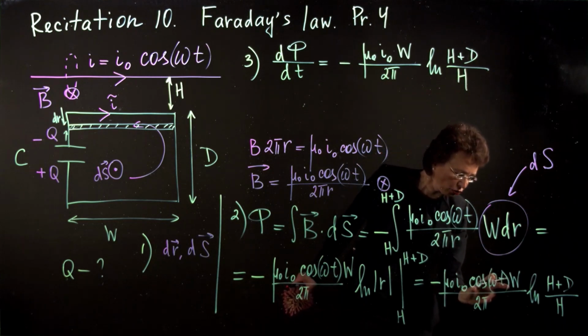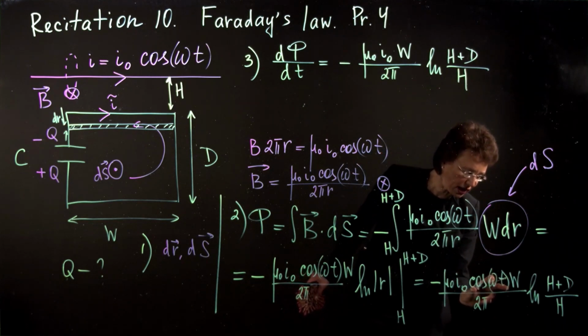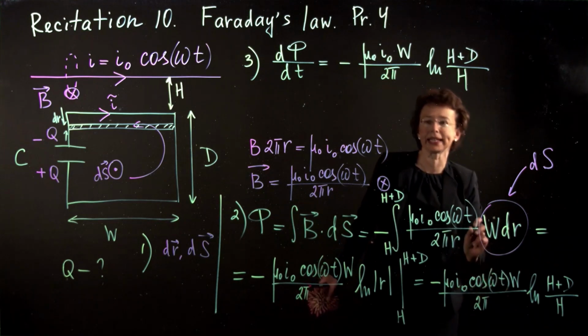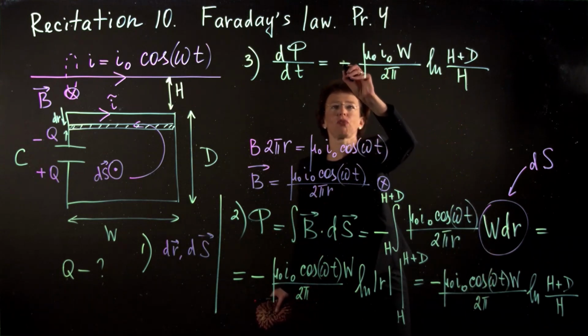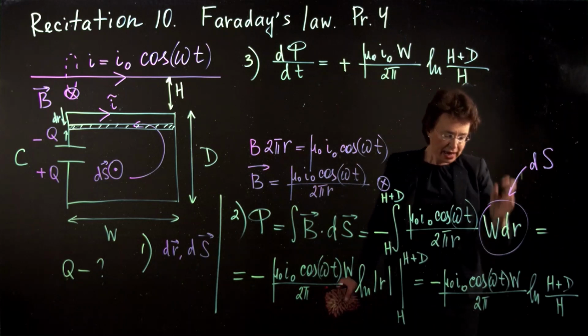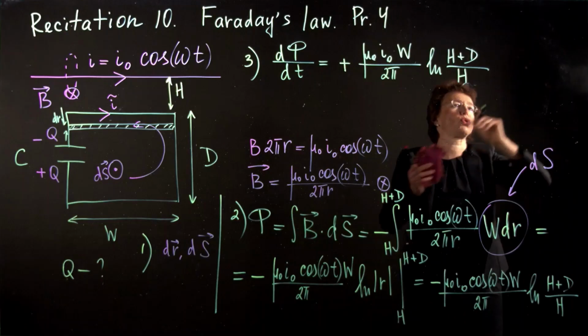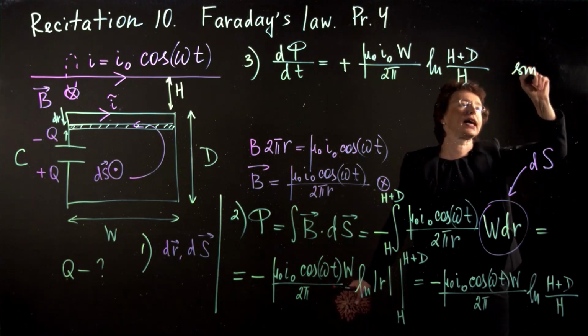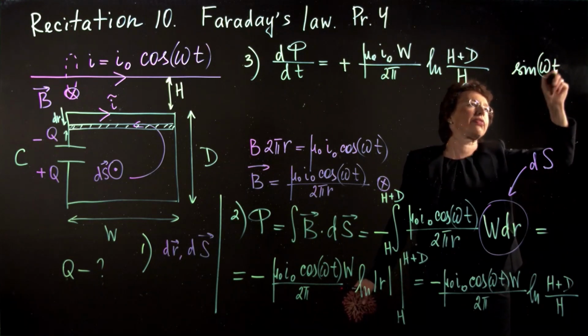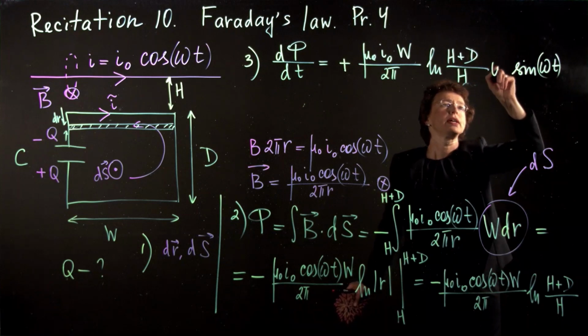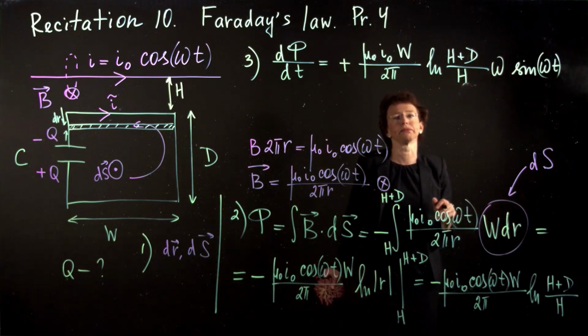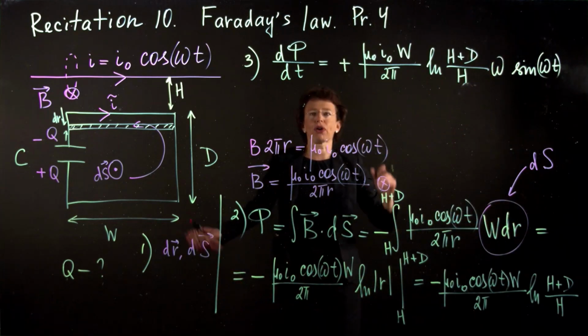The dependence on time is here in this cosine. Derivative of cosine is minus sine, so minus and minus plus. And then I write sine omega t. Then I use the chain rule, and I get omega here. All right, we found d phi dt.